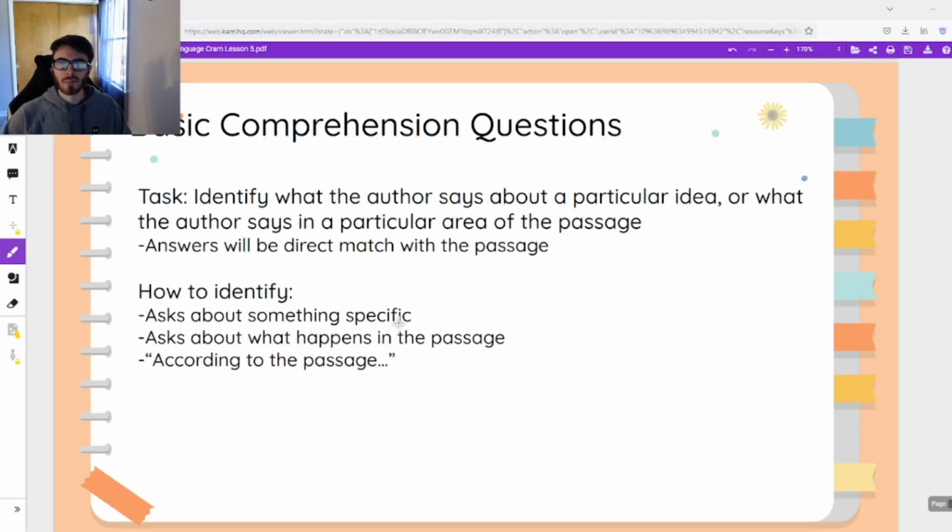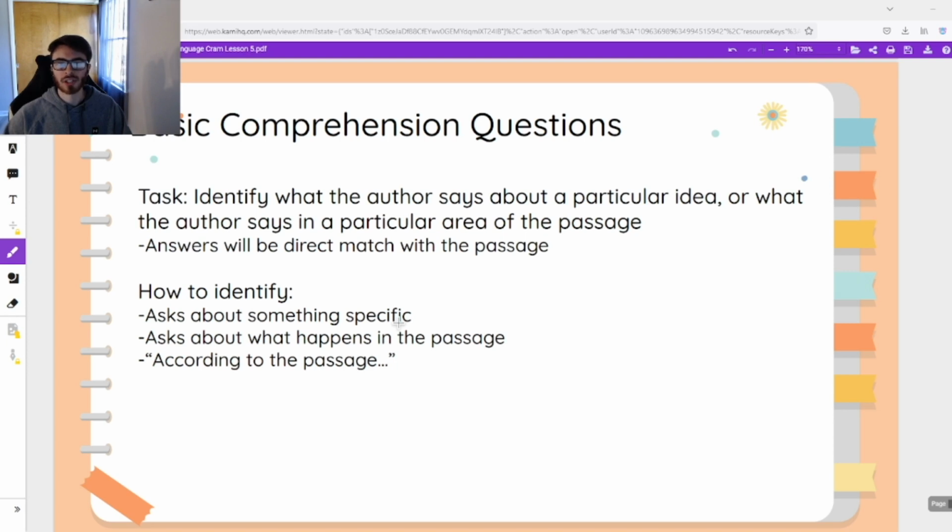These are kind of the most straightforward question types that you'll see. You have to identify what the author says about a particular idea or in a particular area of the passage, and then directly match that to the answer choices. It's just, can you understand what's going on in the passage, and can you match that to an answer choice?